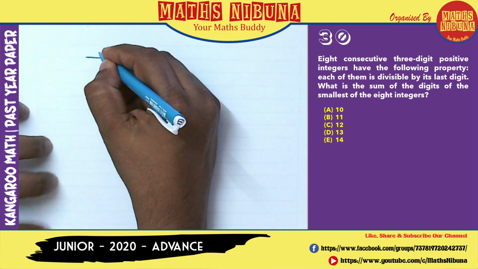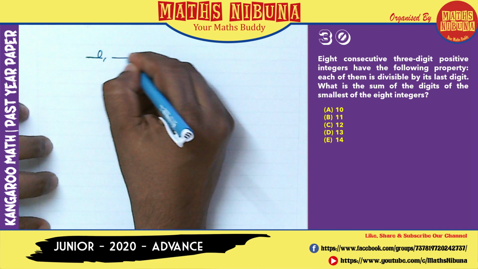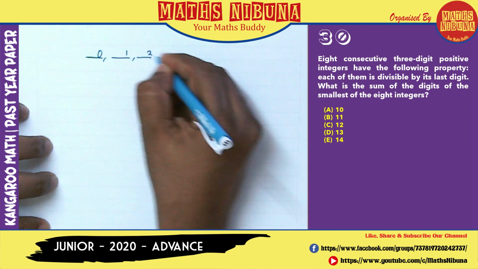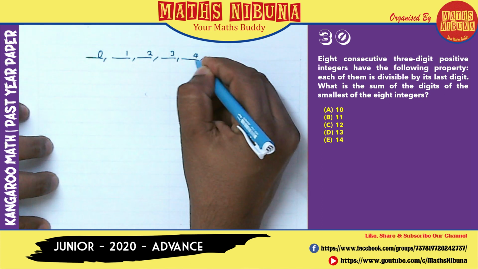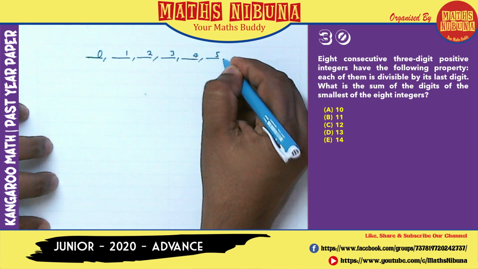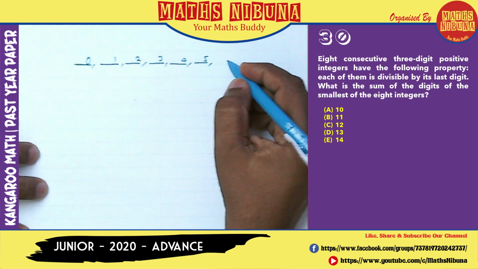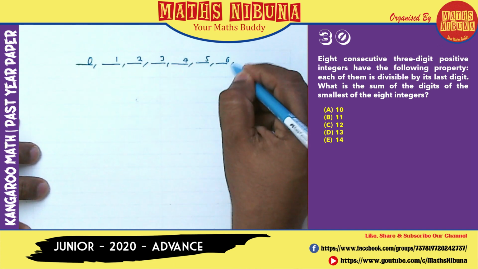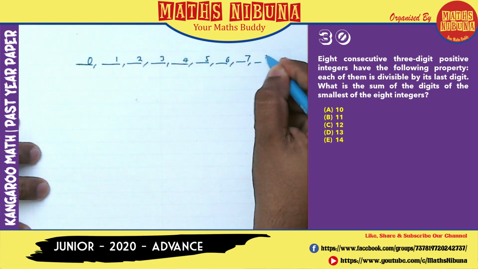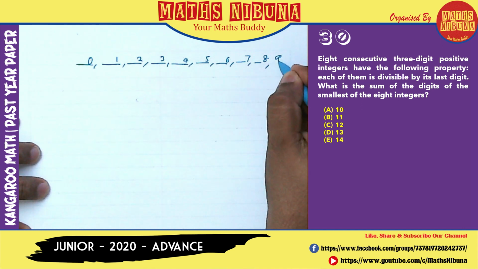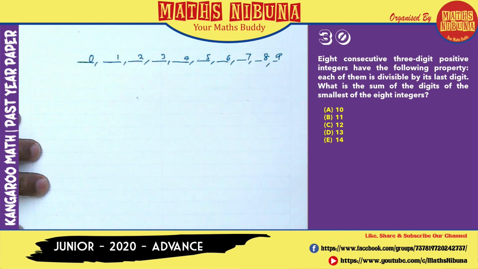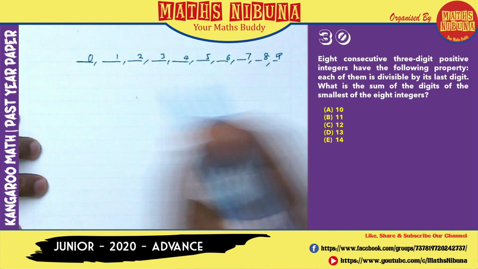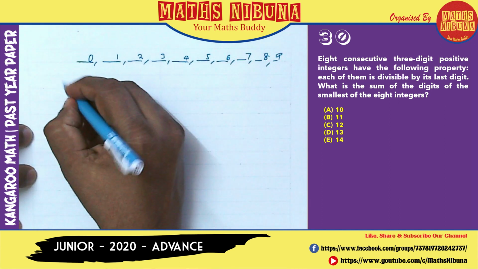So that means the last digit can be 0 or 1 or 2 or 3, 4, 5, 6, 7, 8 or 9. But we only want to consider 8 numbers.